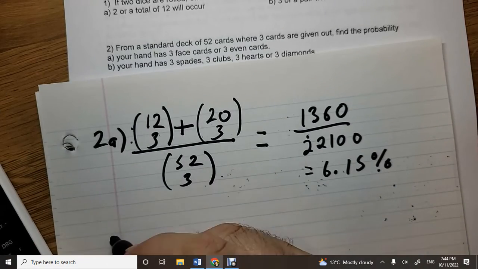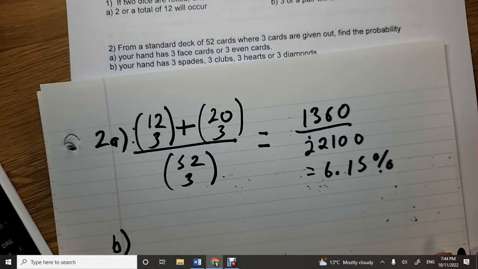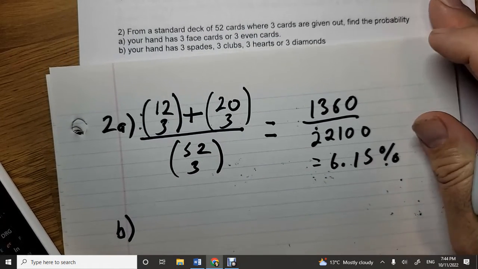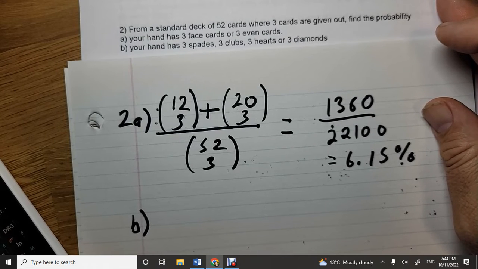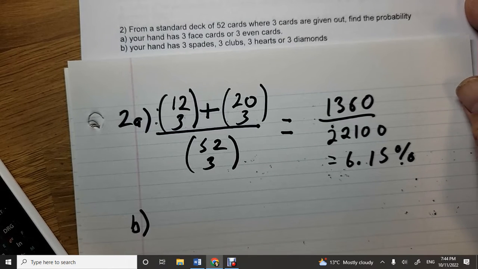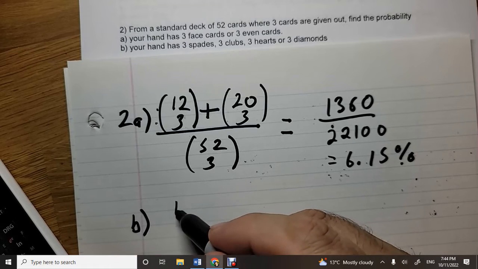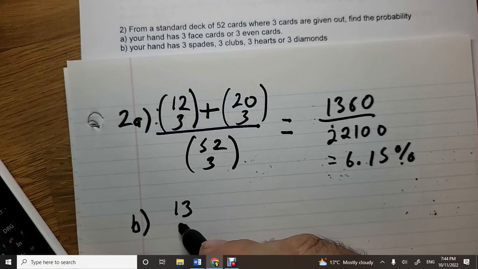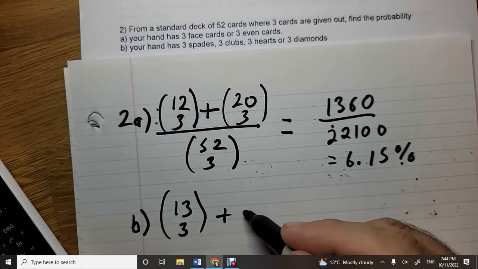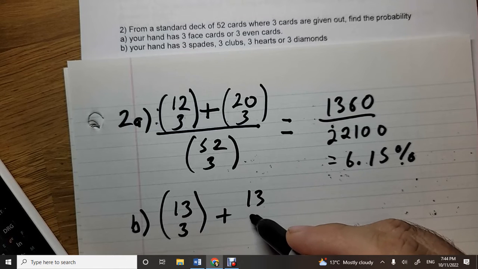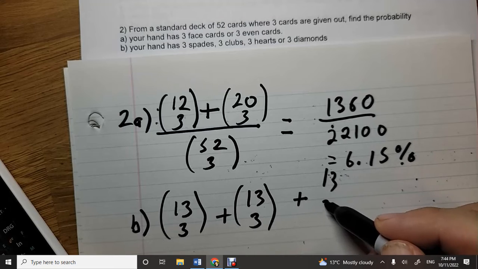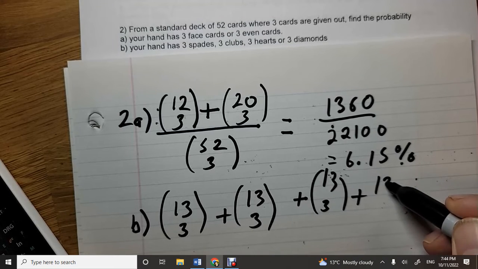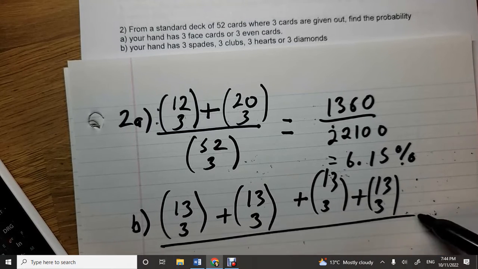Now do B here. You have 3 spades, 3 clubs, 3 hearts, or 3 diamonds in your hand. So there's all these options. How many spades? There's 13 spades, and you have 3, plus 13 choose 3 of the next one, clubs, plus 13 choose 3 hearts, plus 13 choose 3 diamonds, all over 52 choose 3.